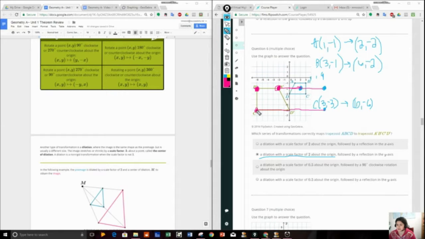It is that same distance, and that is where C prime lands. And one thing that I've noticed is anything that lands on the y-axis when you're reflecting it about the y-axis will stay on the y-axis. It can't move left or right because it's on the y-axis.